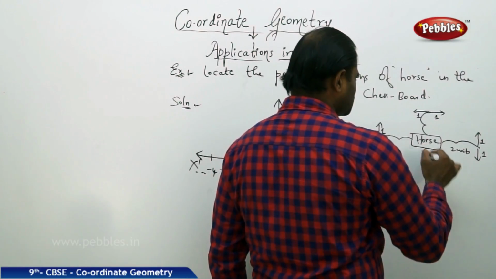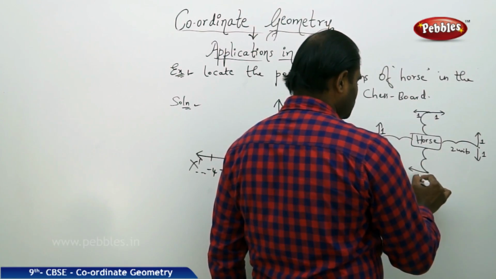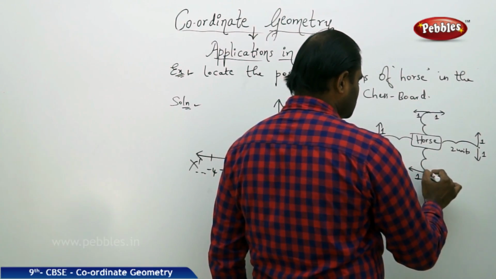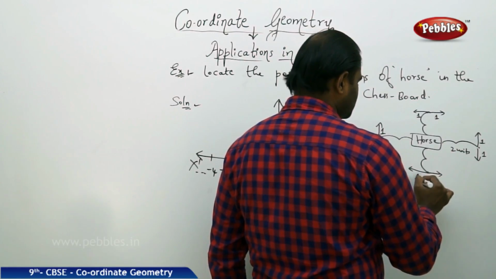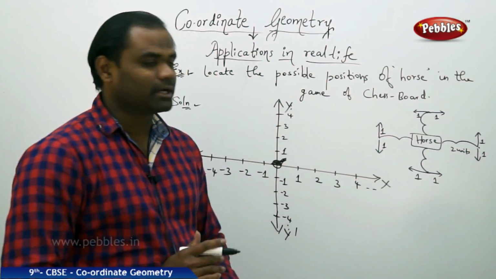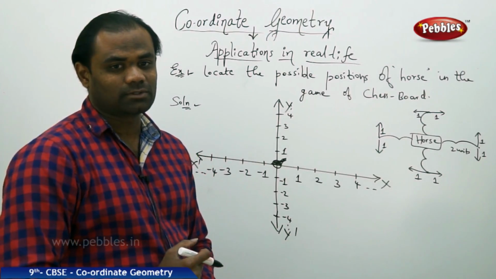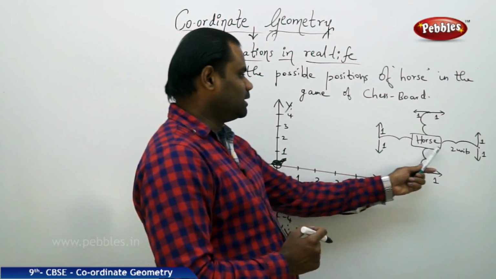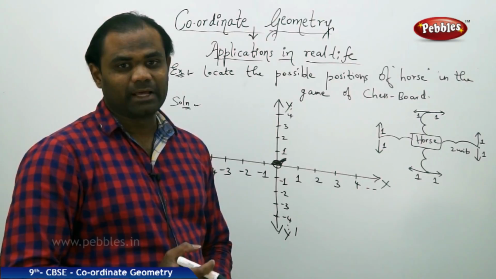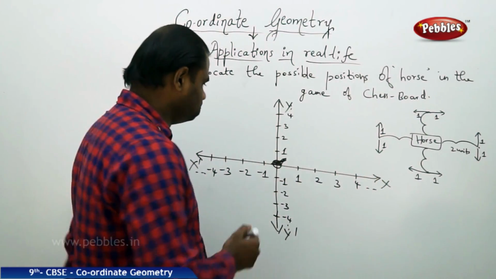If the horse moves 2 units down, it can move 1 unit left or 1 unit right. This is how we understand the different positions of horse. With this, let's see how we can apply this in the situation.